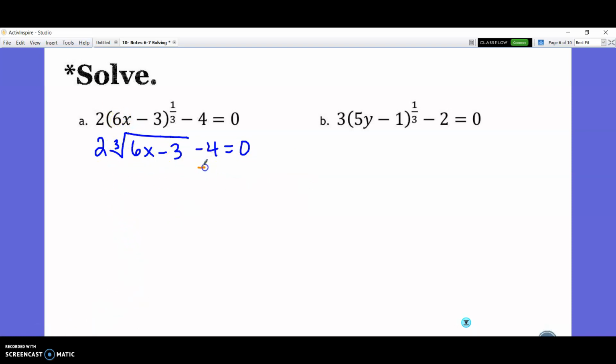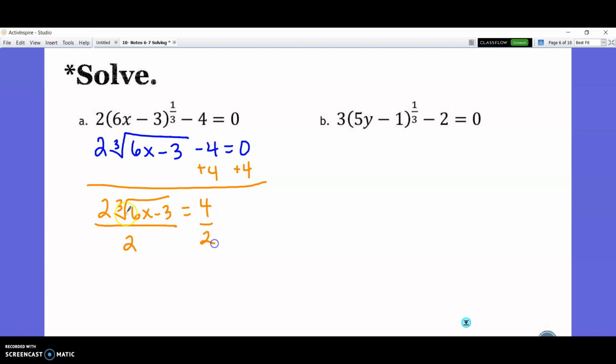So now you know that you need to add 4 so that we get 2 times the cube root of 6x minus 3 equals positive 4, and then divide by 2. Cube root of 6x minus 3 is equal to 2. And now we've isolated our radical here.